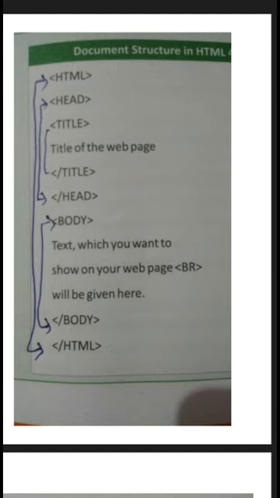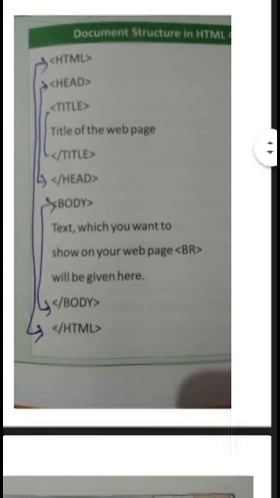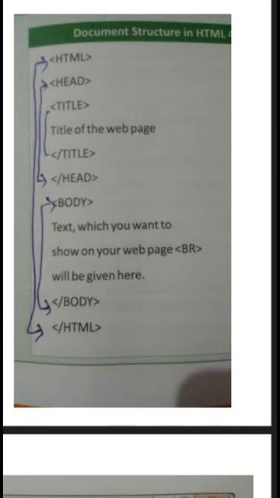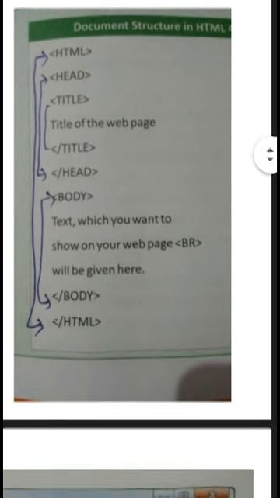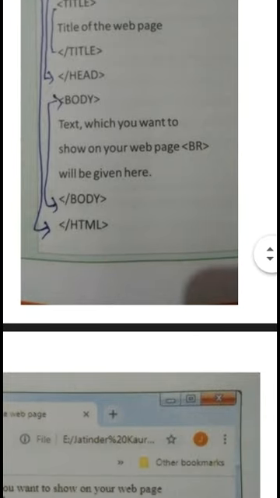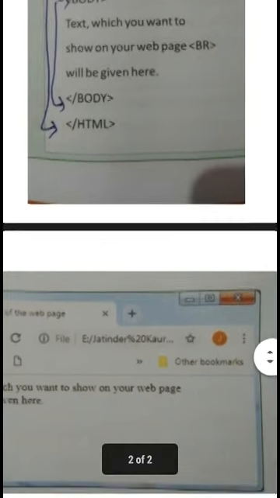After giving the name you have to write the extension of the file, that is .html, meaning first.html, and save it. After saving it, you have to open it. This file will come on the desktop, and when you open it, it will be displayed as the web page you are looking at here.